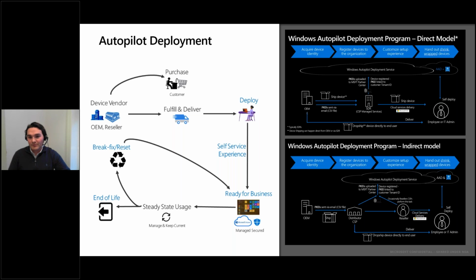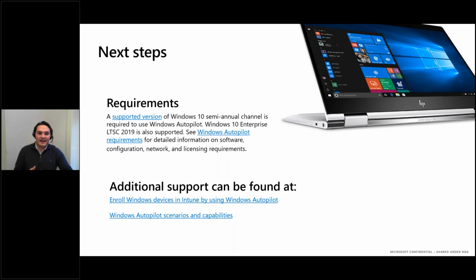If you want to find out more about Windows Autopilot, there might be some restrictions, but you should be able to click the links in the window, which will open a new browser window where you can read more about Windows Autopilot and what it could do for you.